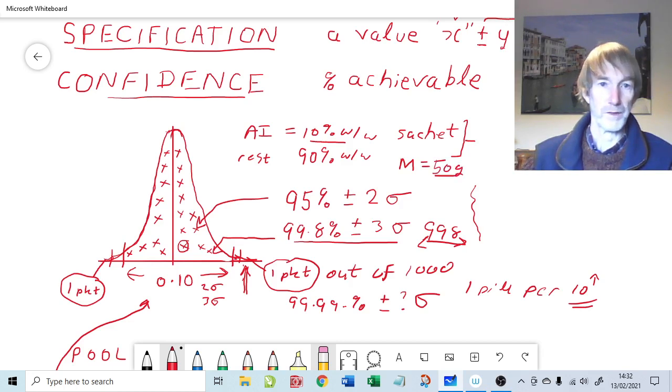So each one of these samples should be 50 grams taken from the industrial mixed powder in terms of deciding whether it's been mixed for long enough time, for example.